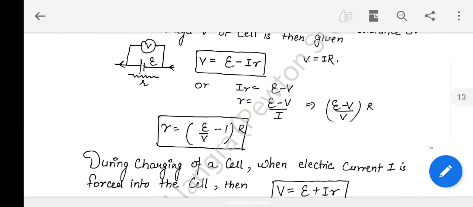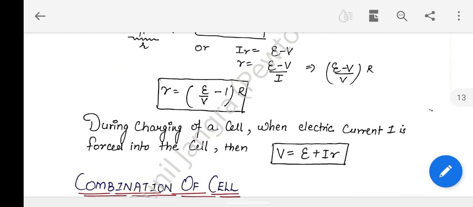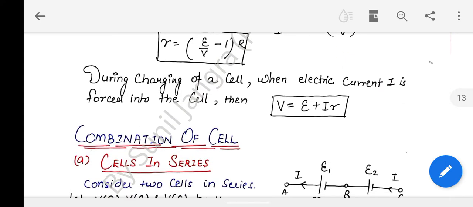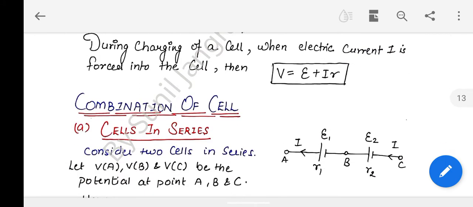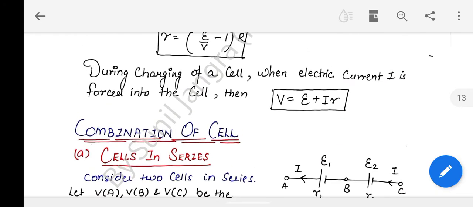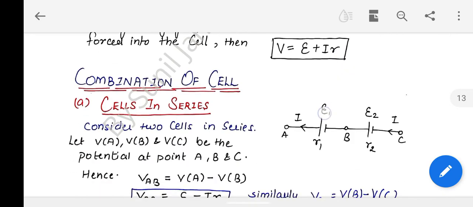This relation, r is equal to (E divided by V minus 1) multiplied by R, is the relationship. When the cell is charging, V equals E plus Ir is the expression for potential when the cell is charging.